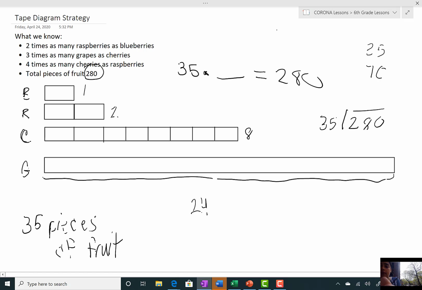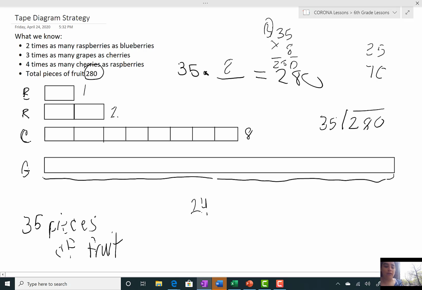Let's see. 35 times 8. 8 times 5 is 40. 8 times 3 is 24, plus 4 is 28, so 280. So it goes in 8 times.